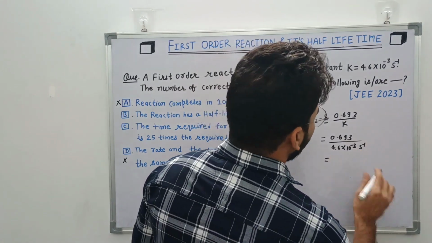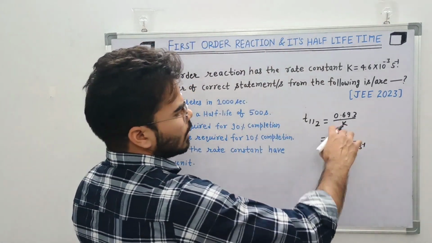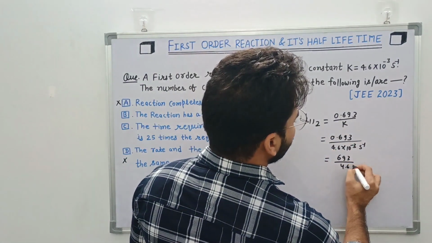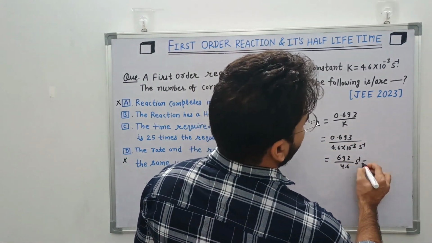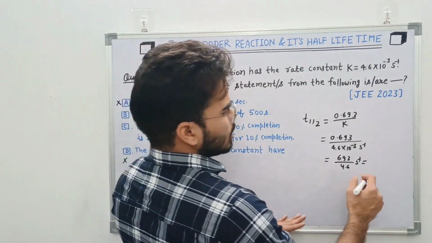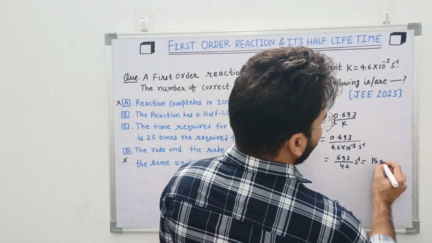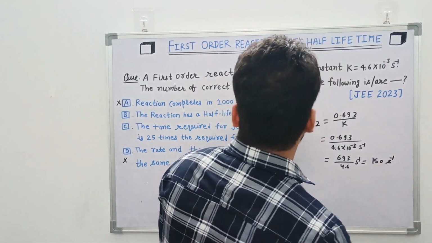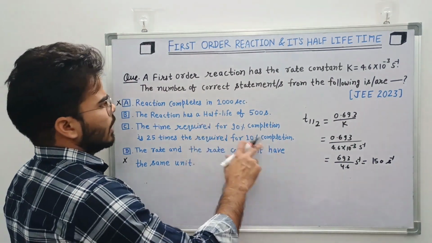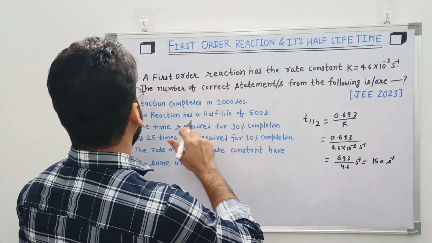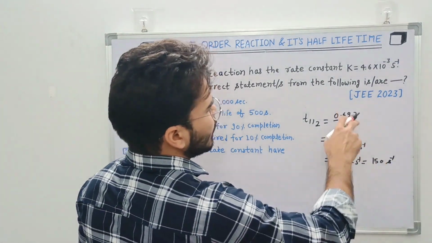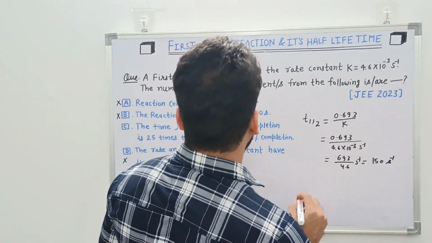When we put this into the equation and write 10 to the power minus 3 above, we get 693 upon 4.6 second inverse. When we divide 693 by 4.6, we get a value around 150 seconds. It means our option B is also wrong, because the half life for this reaction is around 150 seconds.